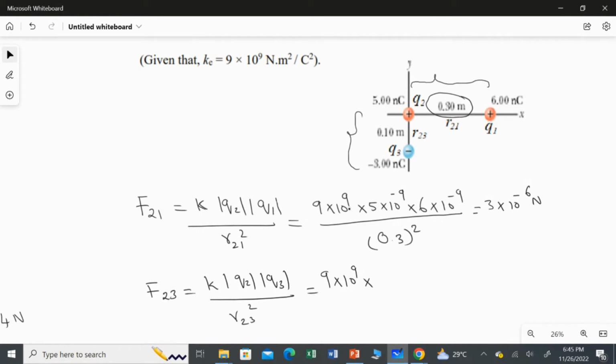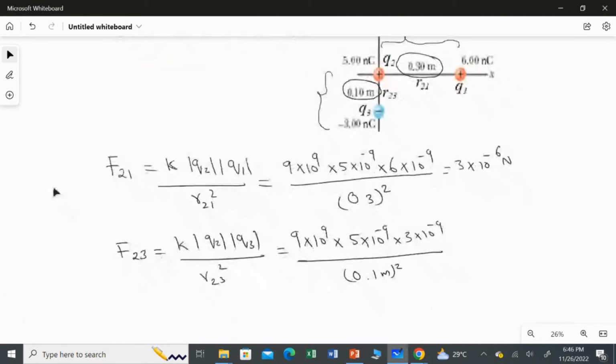What is the Q2? 5 nanocoulomb. 5 multiplied by 10 power minus 9, multiply by Q3, which here is minus 3 nanocoulomb, but we are going to take only the magnitude value. So it is 3 multiplied by 10 power minus 9 over the distance between these two charges, which is 0.1 meter. Clear? Okay. Sorry, square. I have to square this also, right? Let's see what is the answer for F of 2 3.